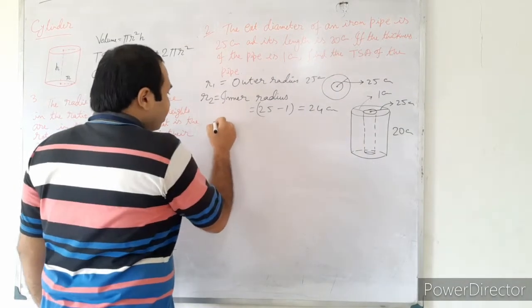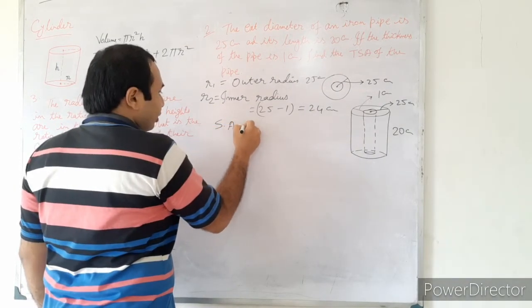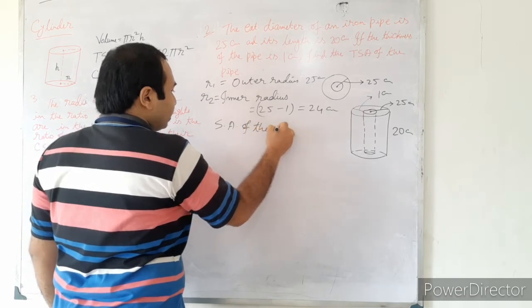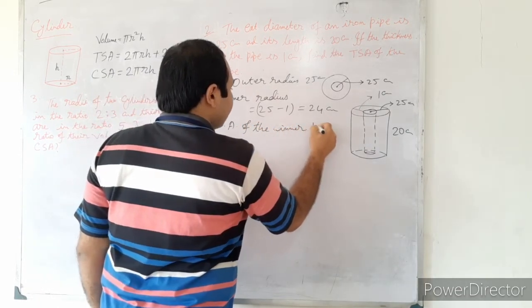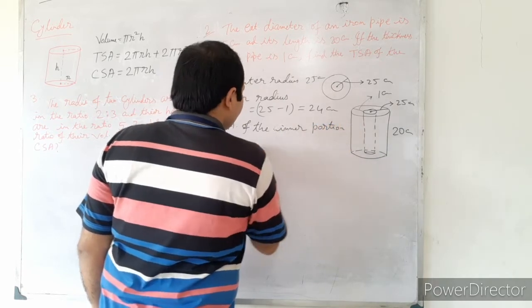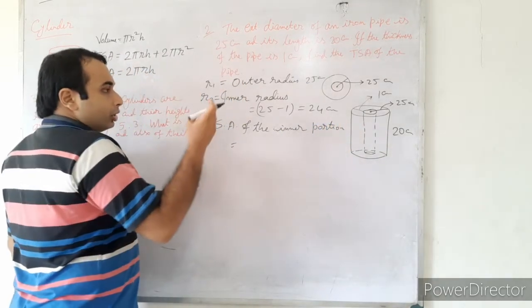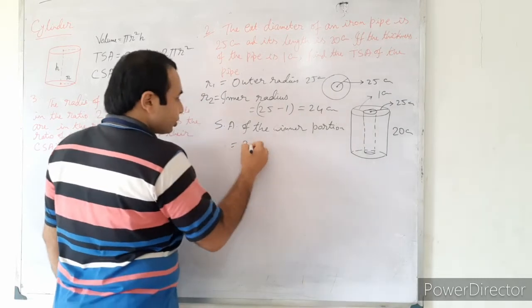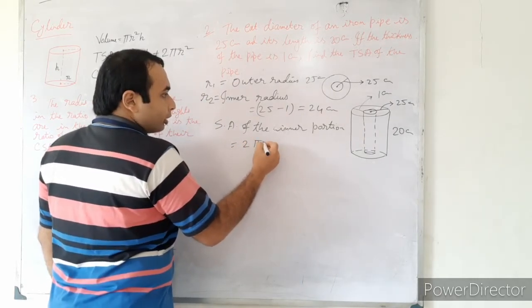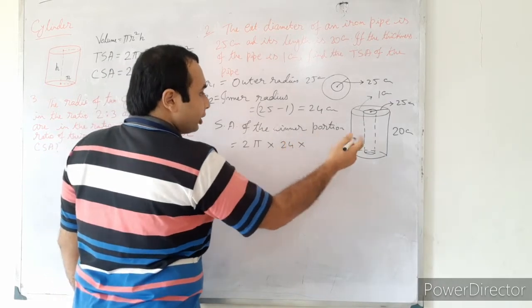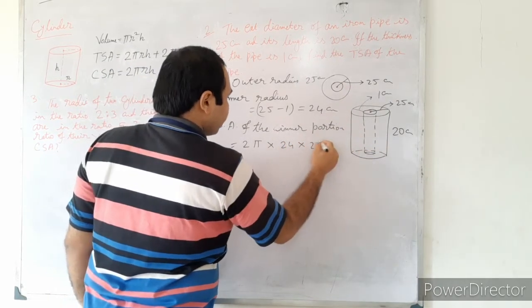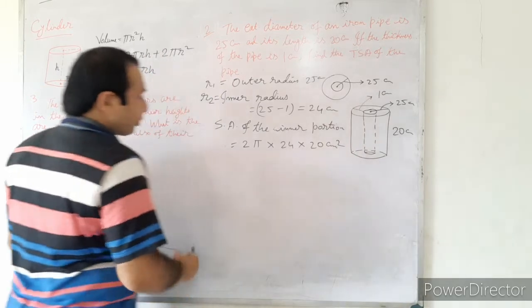So first of all, the surface area of the inner portion is equal to 2 pi R H. So 2 pi, now R means here 24, into H means here 20, centimeter square.